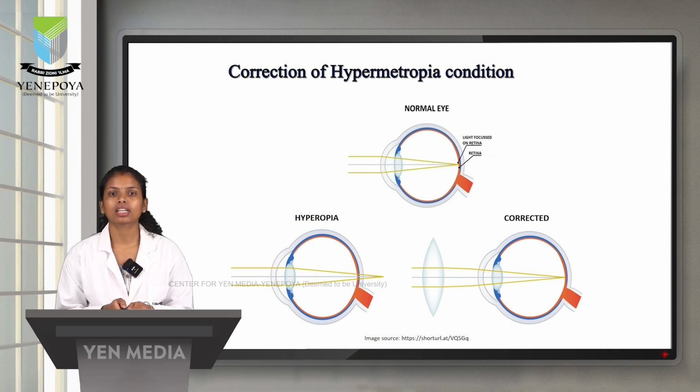So this condition can be corrected using a convex lens. The convex lens converges the light rays coming from a closer object at the lens of the eye and enables the light rays to be exactly focused on the retina, thus forming a clear and sharp image of the closer object. So this is how myopia is corrected using concave lens, whereas hypermetropia is corrected using convex lens.